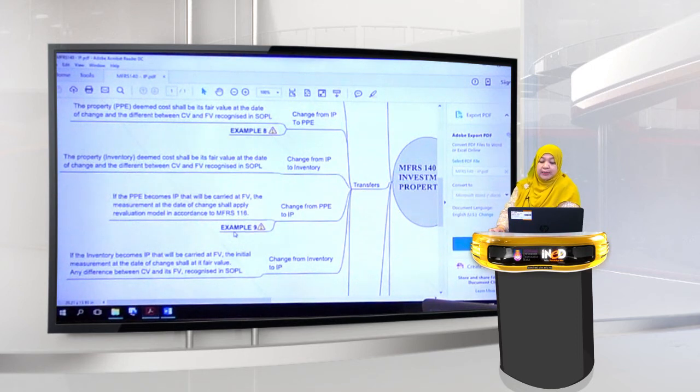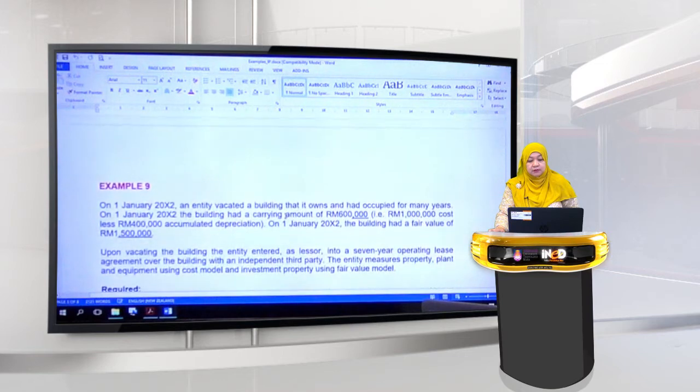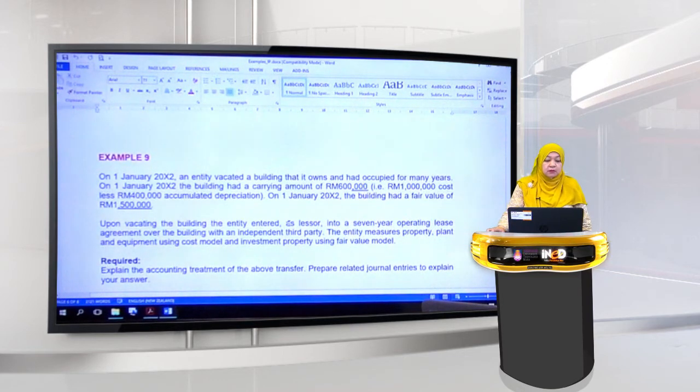Next, we look at example 9, which relates to a change from PPE to IP. On 1st January 20X2, an entity vacated a building that it owns and had occupied for many years. On 1st January 20X2, the building had a carrying amount of 600,000, which is derived from the cost of 1 million less 400,000 accumulated depreciation.